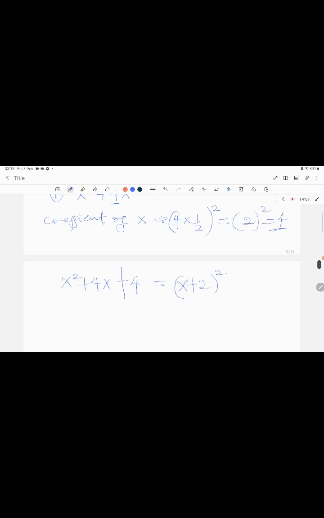So this is what we have successfully done. We have added a new value to it to make it become a perfect square.